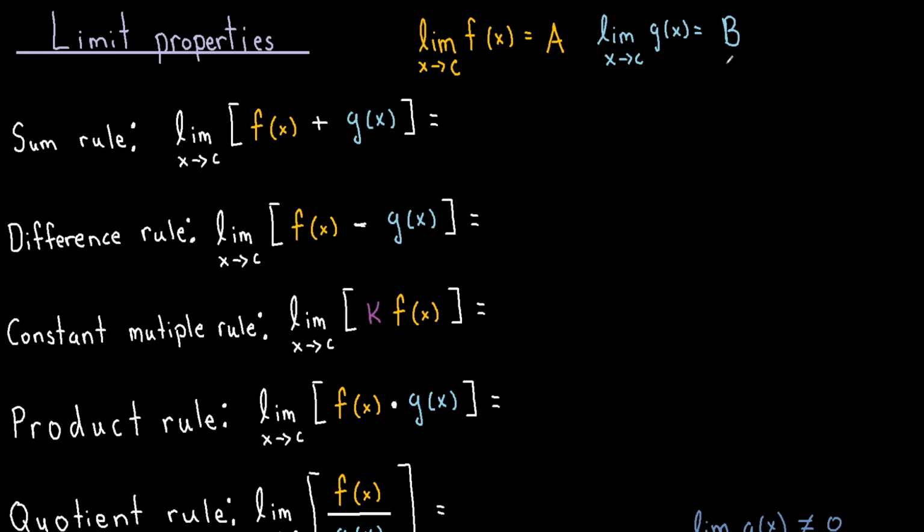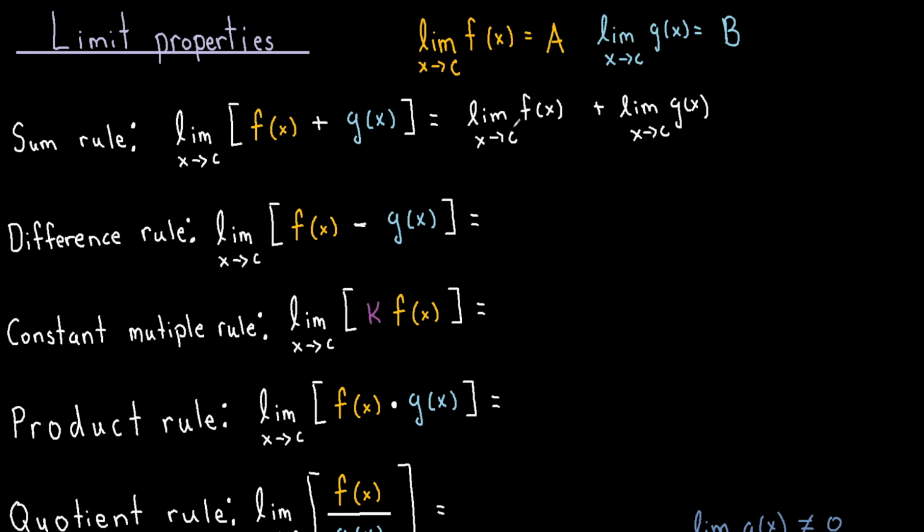So according to the sum rule, if we were asked to find the limit of f of x plus g of x as x approaches c, another way to write this is to take the limit of each function independently and add them together. So we will have the limit of f of x as x approaches c plus the limit of g of x as x approaches c.